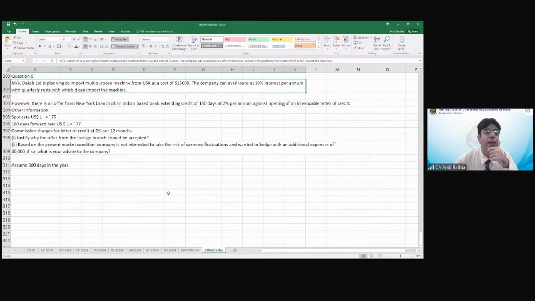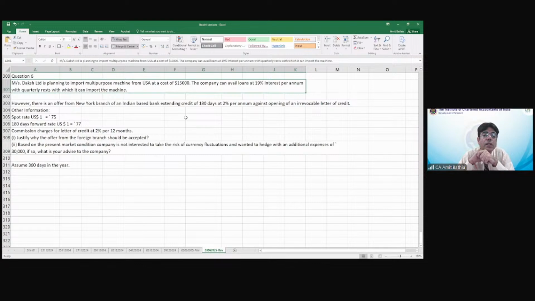Messrs. Daksh Limited is planning to import a multi-purpose machine from the USA at a cost of $15,000. The company can avail loans at 19% interest per annum with quarterly rests, with which it can import the machine. However, there is an offer from the New York branch of an Indian-based bank extending credit of 180 days at 2% per annum against opening of an irrevocable letter of credit.